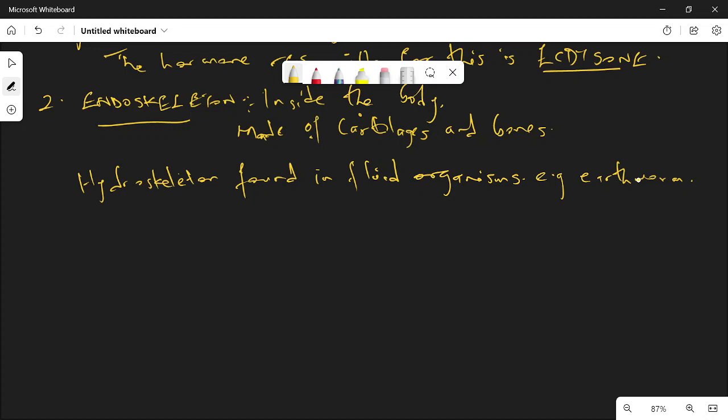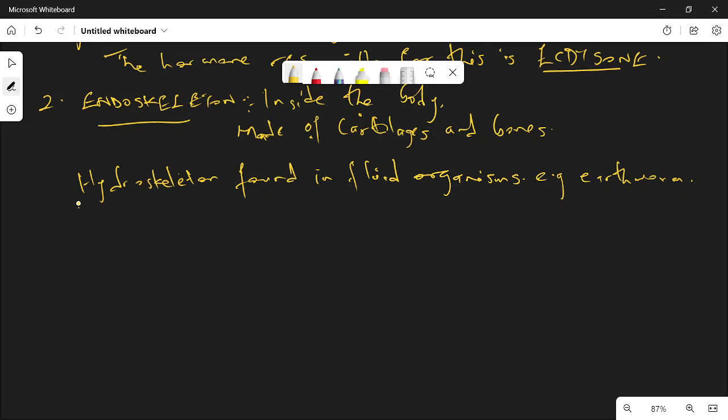Because they have fluid content and they have an envelope, there is a pressure that operates inside these organisms. So it is with the aid of the pressure that these organisms are able to have their shape, as well as their form, and move about from place to place.